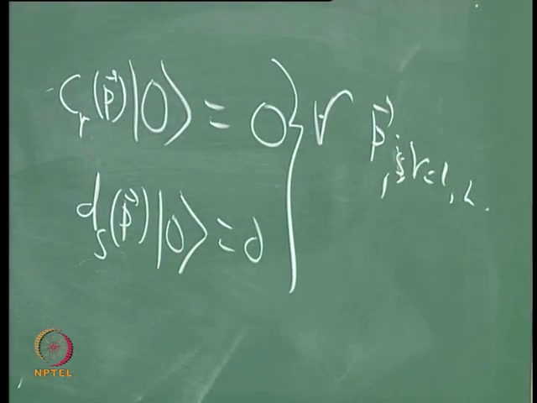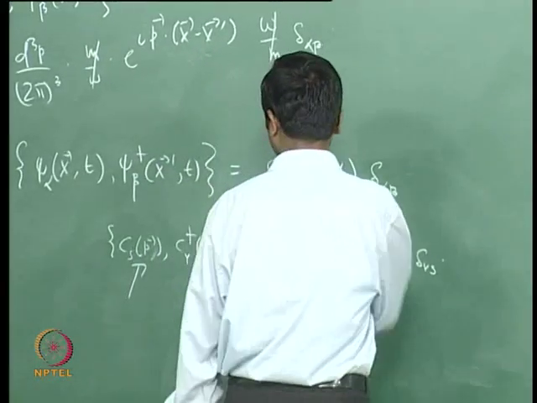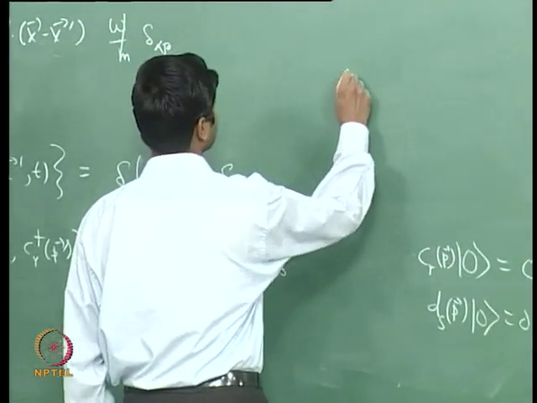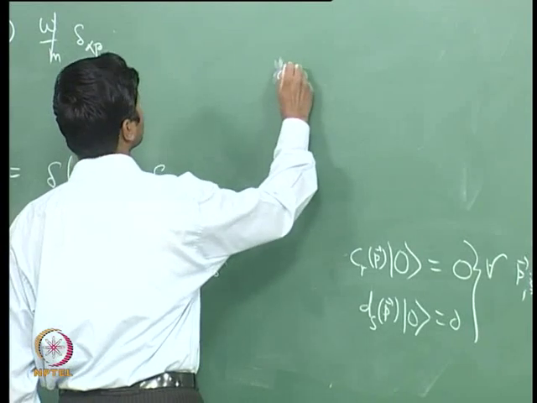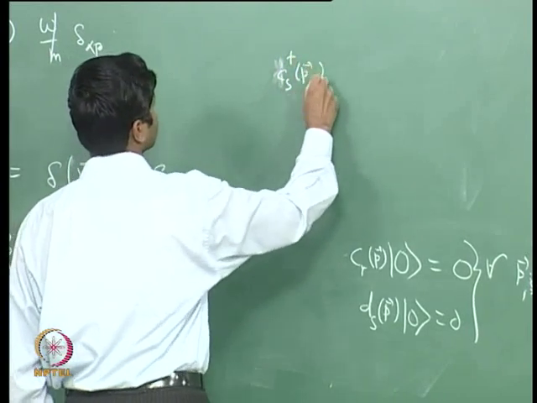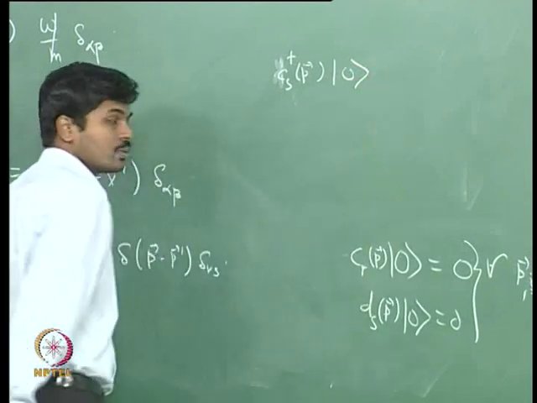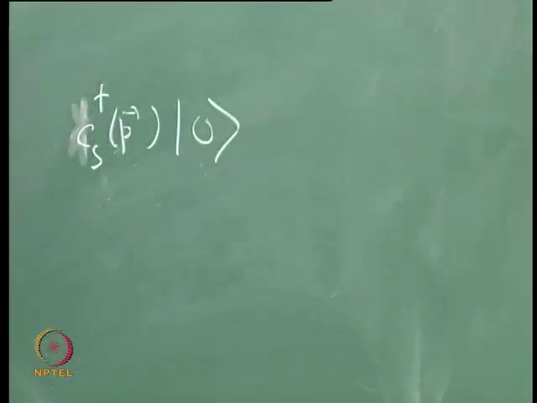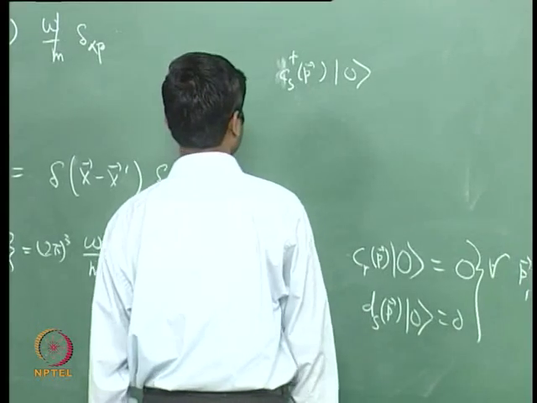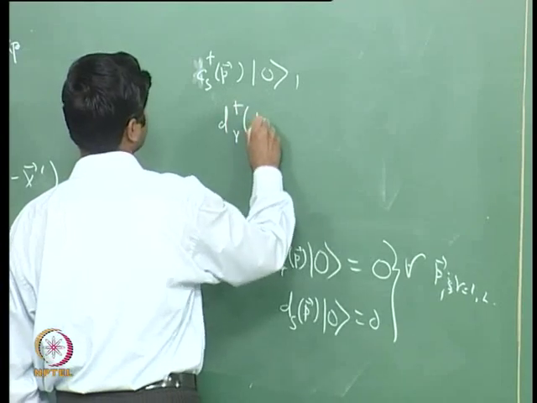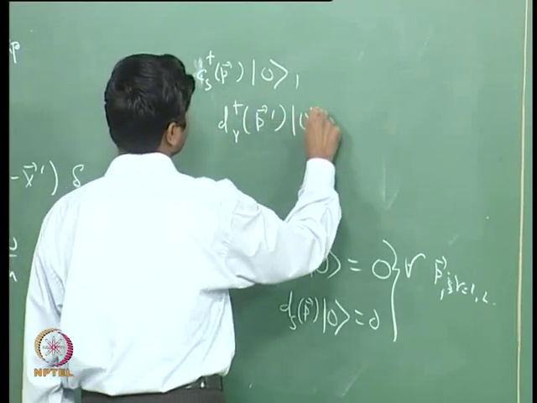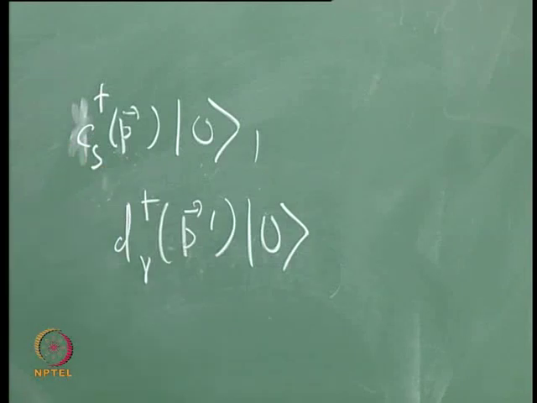Then the multi-particle states are constructed by c_s dagger(p) acting on the vacuum and so on, d_r dagger(p prime) acting on vacuum and then a bunch of c's and d's acting on this vacuum.